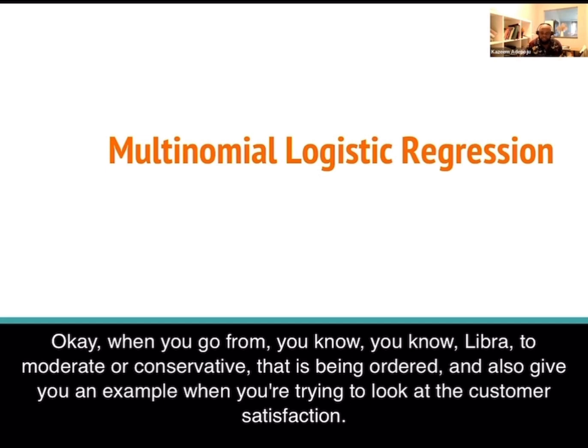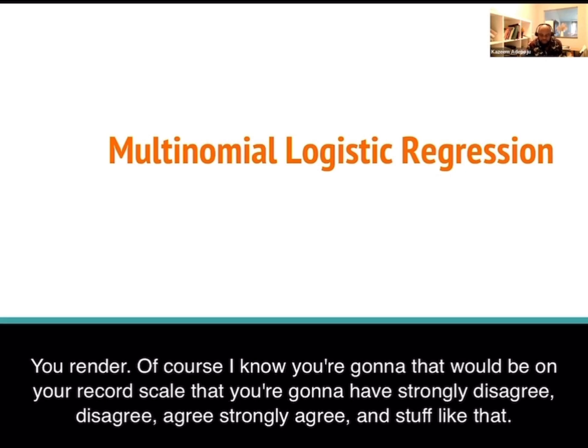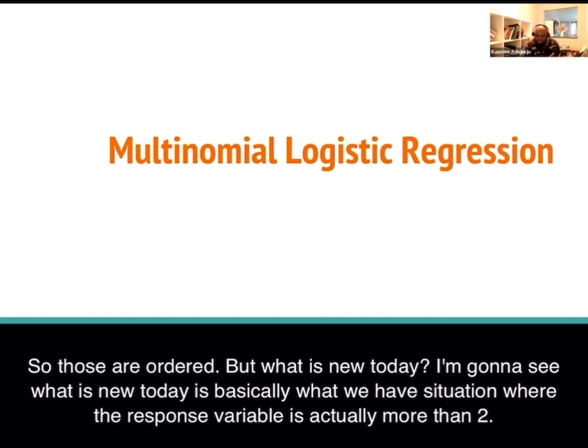I also gave you an example of customer satisfaction. Maybe you want to know how satisfied your customer is about the product or service you render. That will be on a Likert scale, where you have strongly disagree, agree, strongly agree, and so on. So those are ordered. But what is new today?